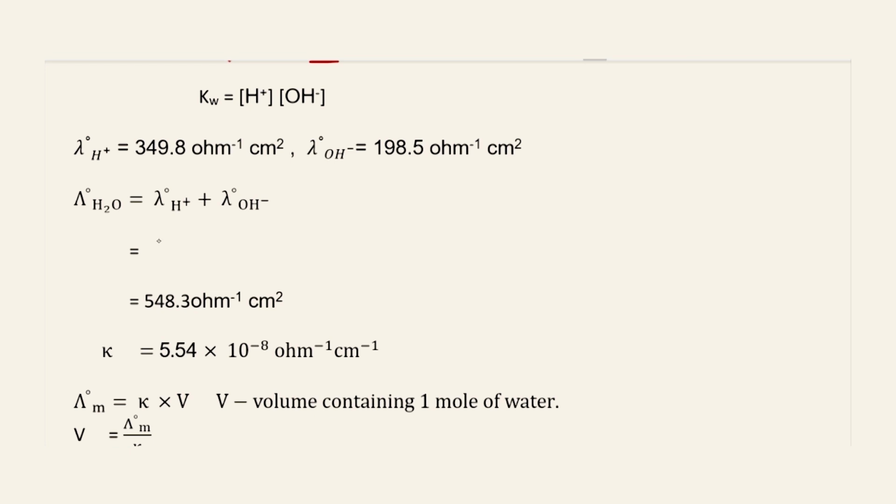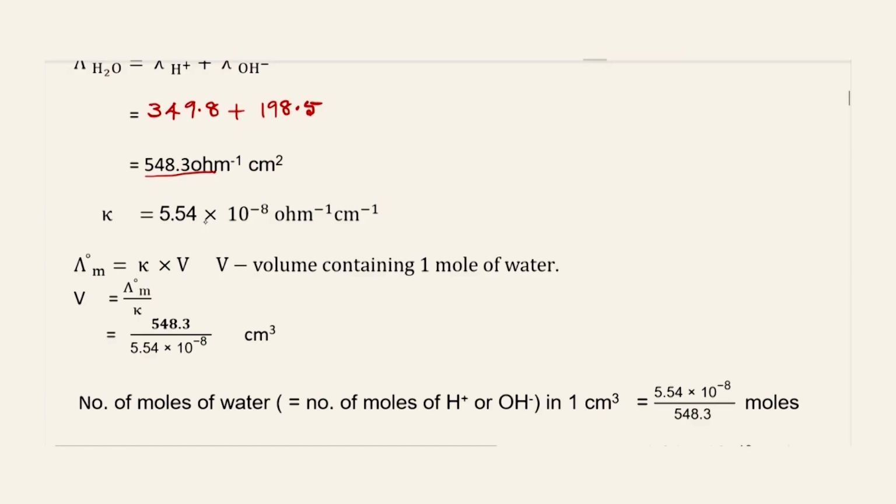Since the values are given, I will add up 349.8 plus 198.5, and adding together you get 548.3, and the unit is ohm inverse centimeter square. Kappa, that is the specific conductance of water, is given, which is equal to 5.54 into 10 to the power minus 8 ohm inverse centimeter inverse.